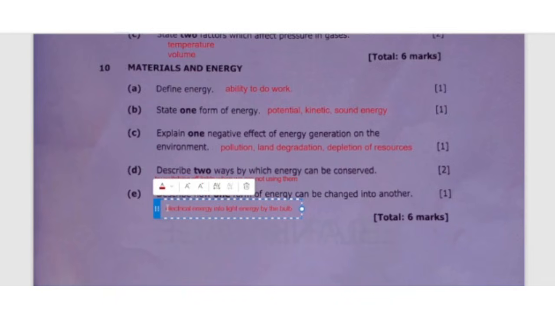This is what happens when you switch on the bulb. The electric energy is being converted into light energy.